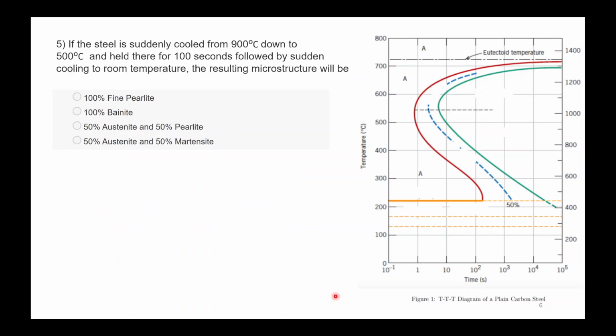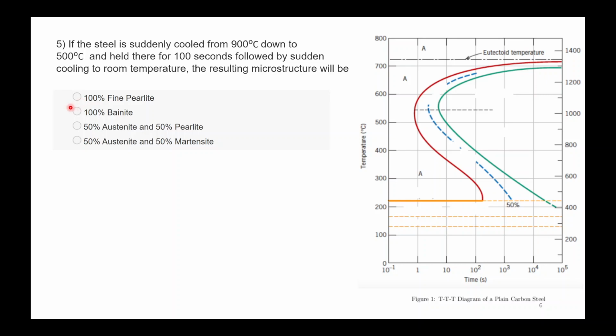Now similarly here you are cooling up to 500 degrees Celsius, which is below your nose temperature. Nose temperature is here, and below this there will be formation of bainite. So your question is, if the steel is suddenly cooled from 900 degrees Celsius down to 500 degrees Celsius and held for 100 seconds, followed by sudden cooling to room temperature, the resulting microstructure will be.